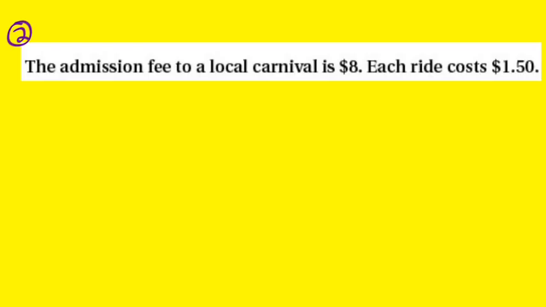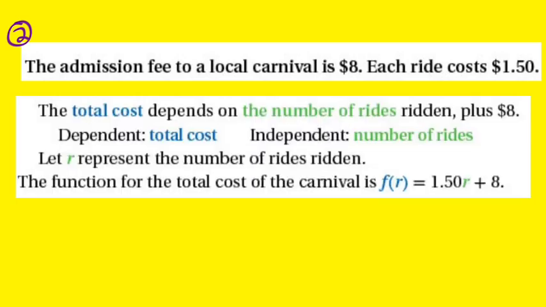The administration fee of a local carnival is $8, and the ride costs $1.50. So now we have what we will be learning as a y-intercept, or an initial fee. And that $8 is the initial fee plus $1.50 per ride.